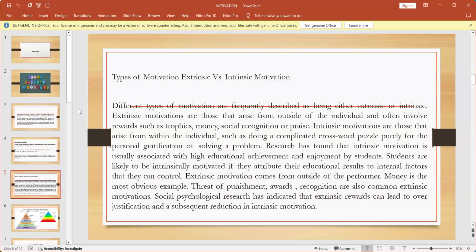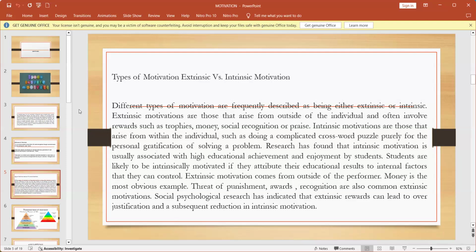Your learners can be motivated in two different ways. The two types are intrinsic motivation and extrinsic motivation.